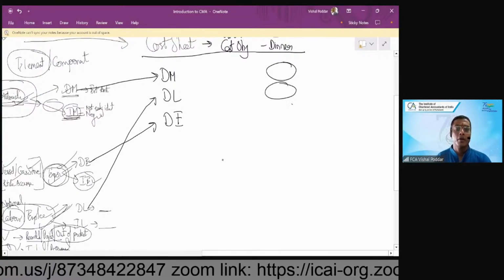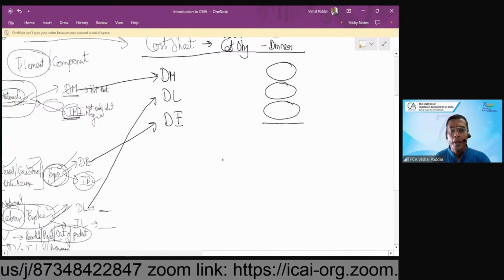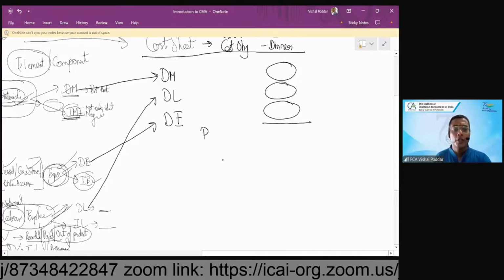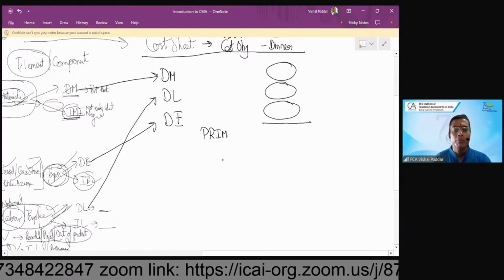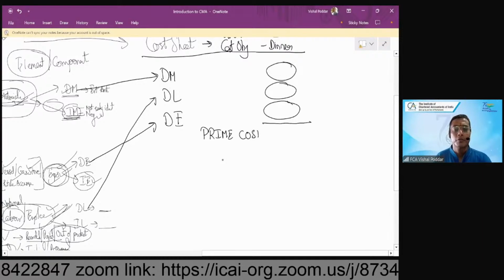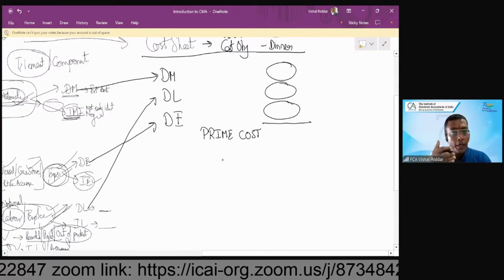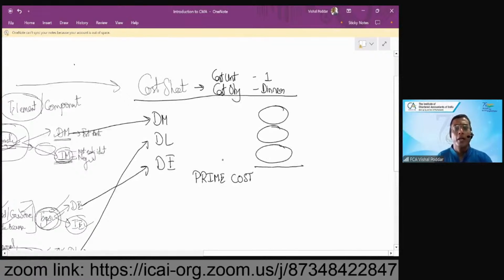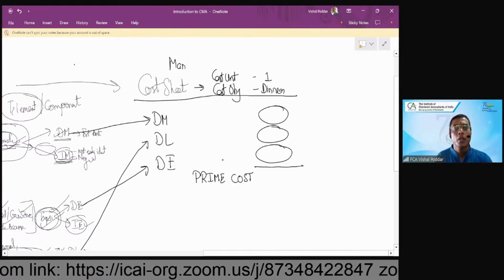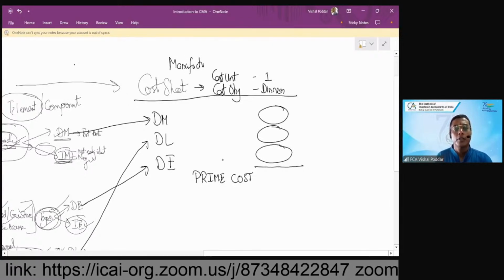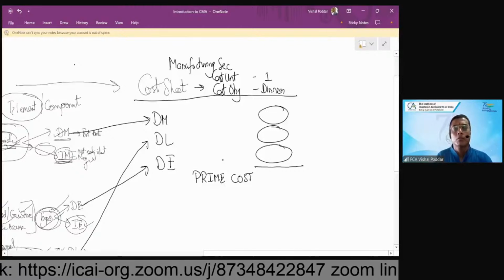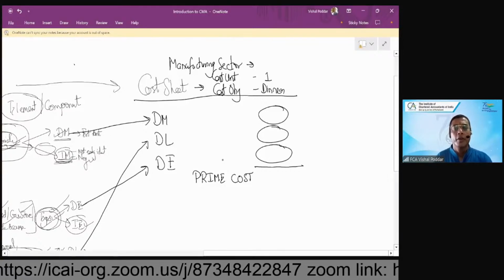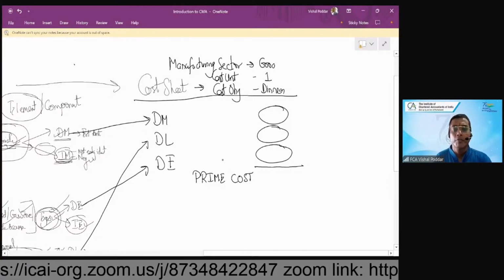All my direct labor, all my direct expense, and I will make an interim total, which is called as the prime cost. Now see, we are on the technical format of costing, and also mind you, this is the format applicable mainly for the manufacturing sector.